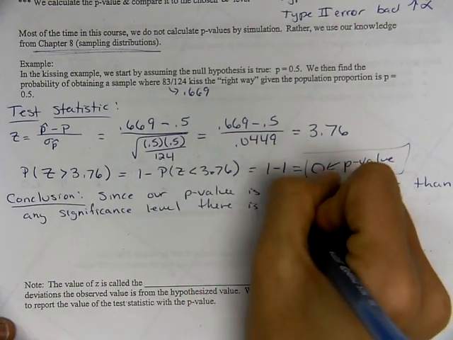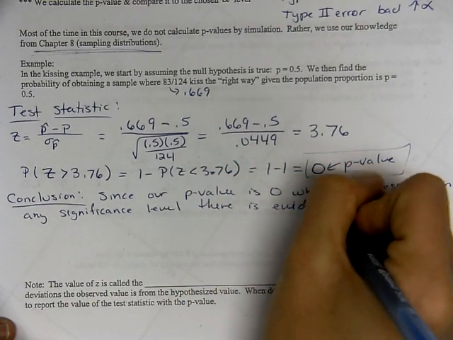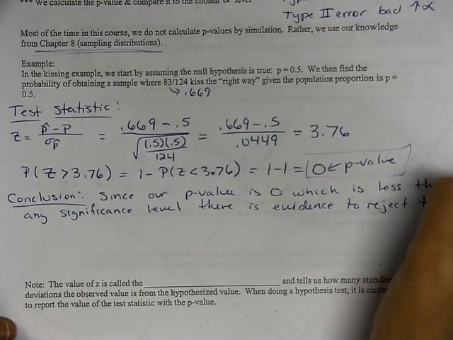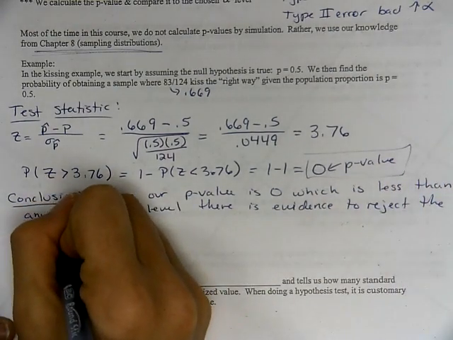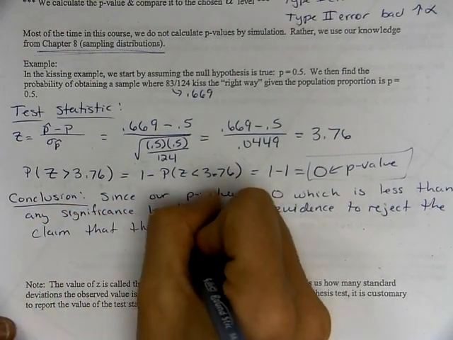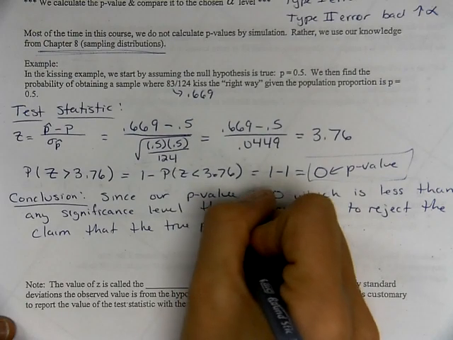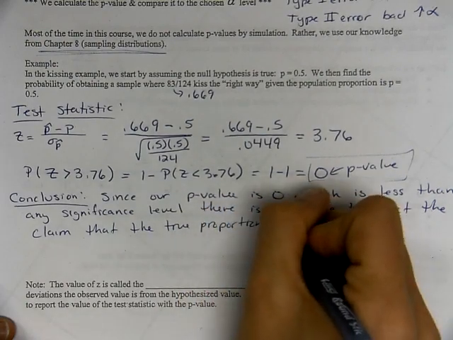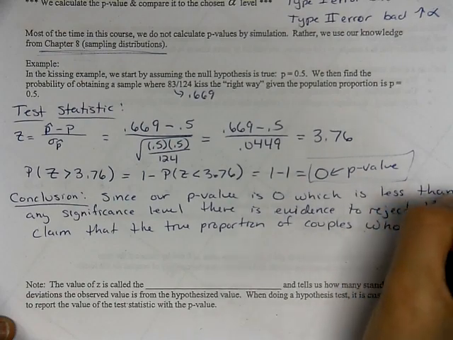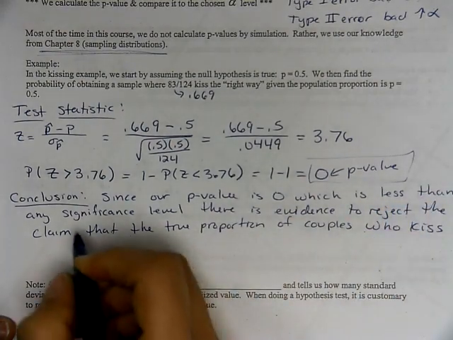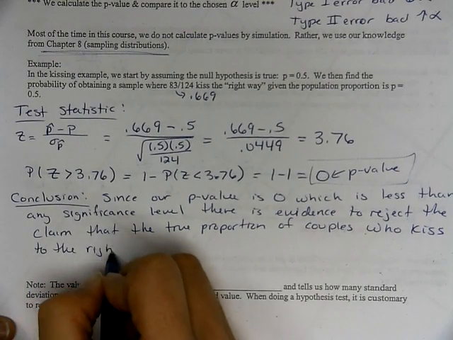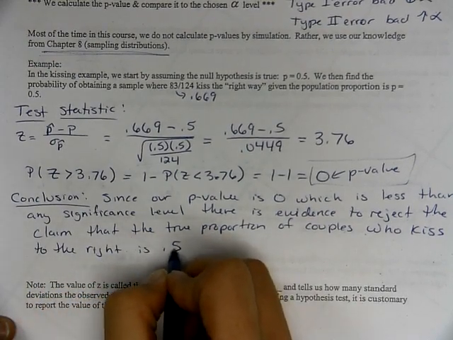there is evidence to reject the claim that the true proportion of couples who kiss to the right is 0.5.